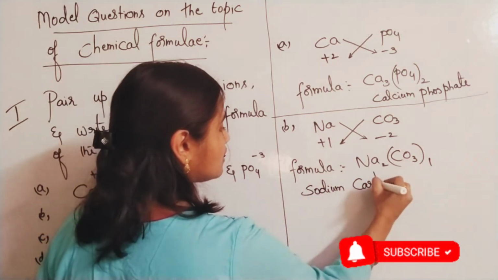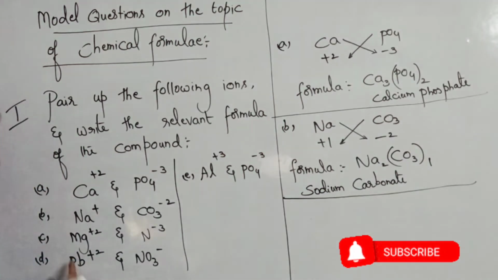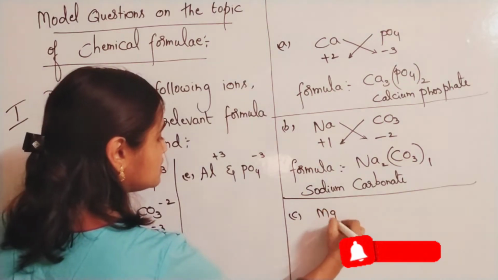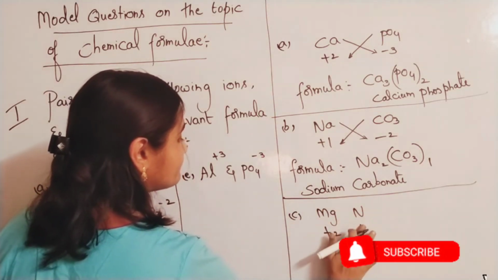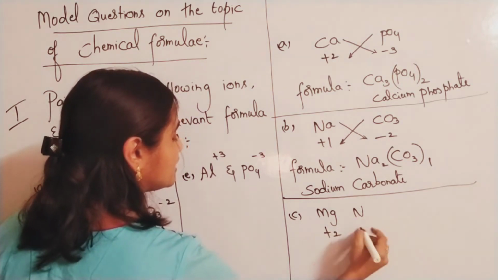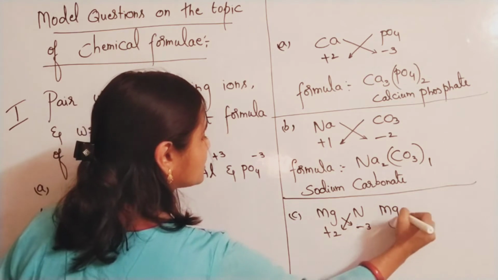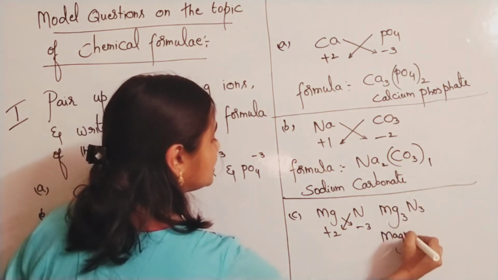Now Na2CO3 is sodium carbonate. Then for Mg plus 2 and nitride minus 3, after crossing you will get Mg3N2, magnesium nitride.